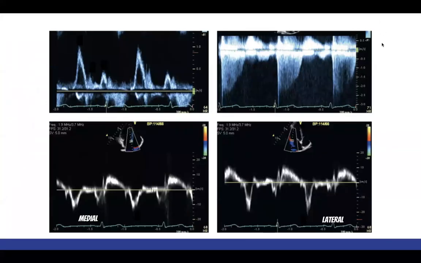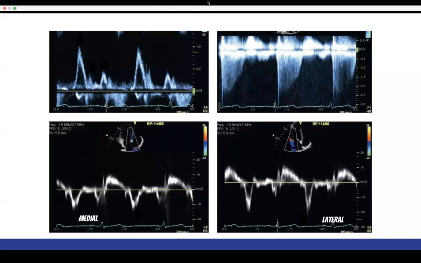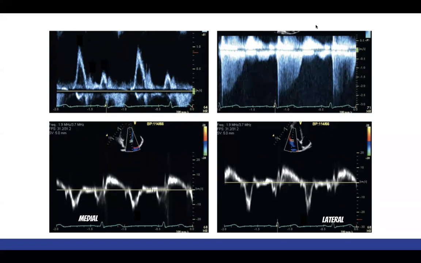So knowing all of this, if anybody is brave enough to guess, is this a normal or abnormal diastolic pattern? All right, anybody want to try? Normal, I guess. Yes. See, that's good test-taking ability.